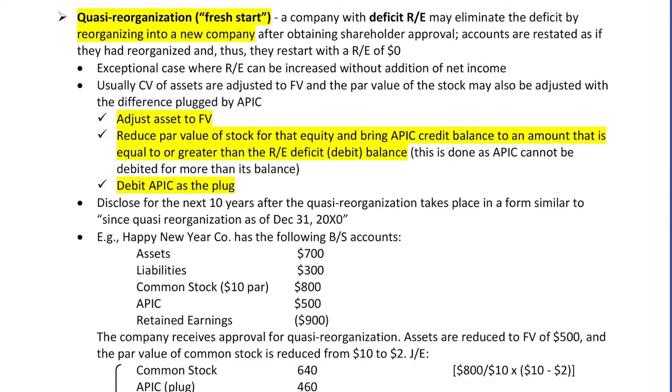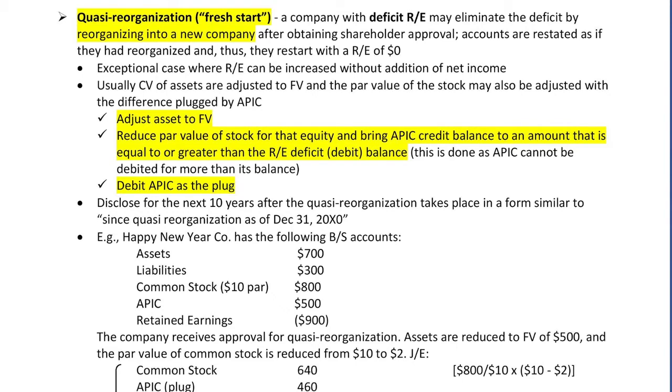It says Happy New Year company, guys, it's a fresh start, has the following balance sheet accounts. They've got assets 700, liabilities 300, common stock 800, APIC 500 and a deficit retained earnings of 900. Now it says the company elects quasi reorganization, assets are reduced to market value of 500 and the par value of the common stock is reduced to $2 from $10 currently.